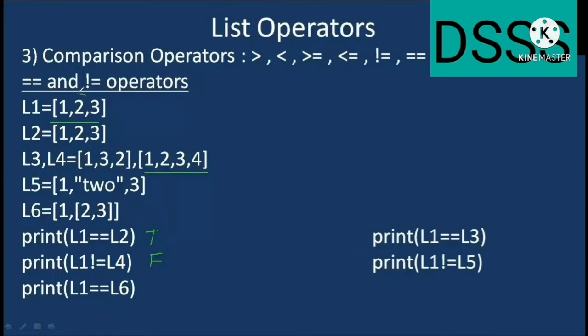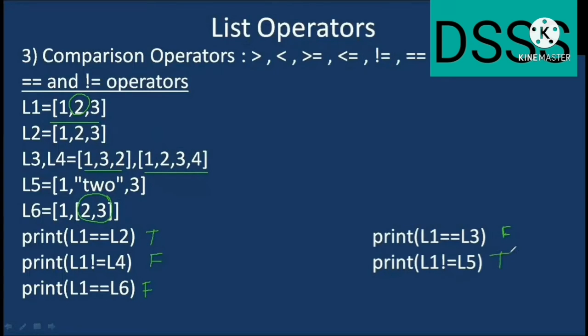Okay, so let us see the example. L1 double equals L2. It's going to be true. I am just writing true. And next one is L1 not equals L4. This is L1 and this is L4. Not equals. So this is false.